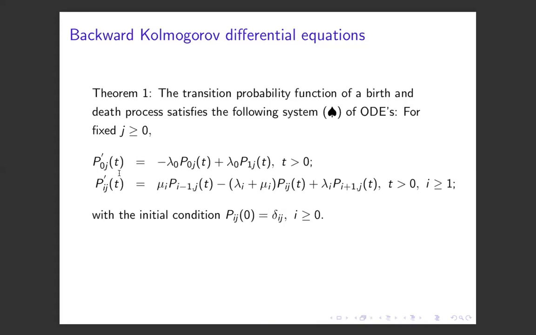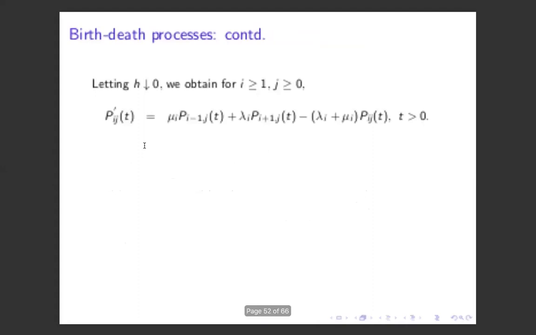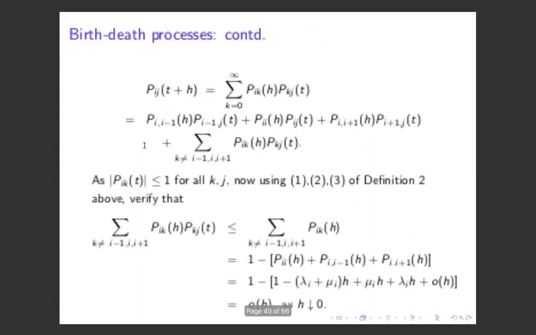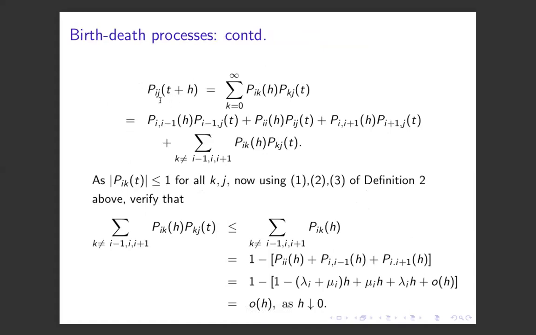So j is fixed here. You remember in our arguments, j is kept fixed. The i only is changing. Here, for example, i minus 1 comes into the picture. The j remains the same.